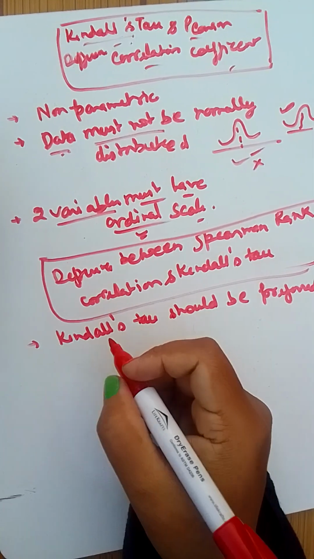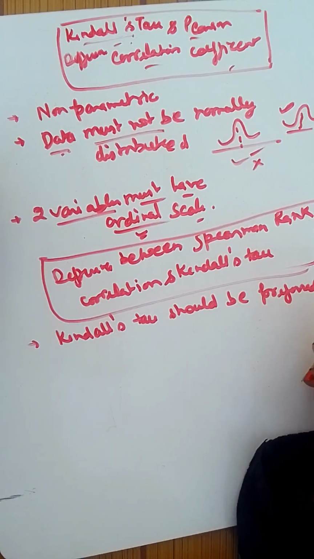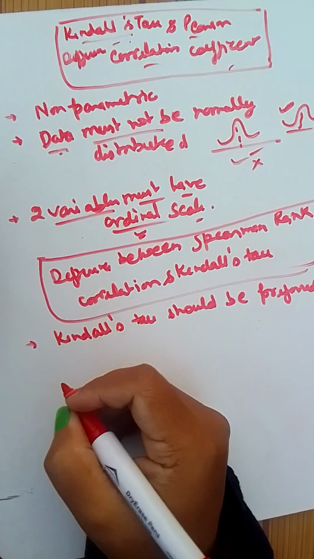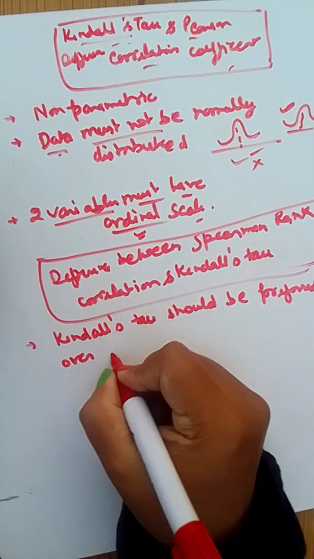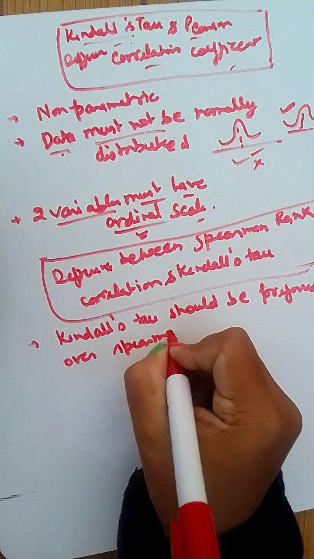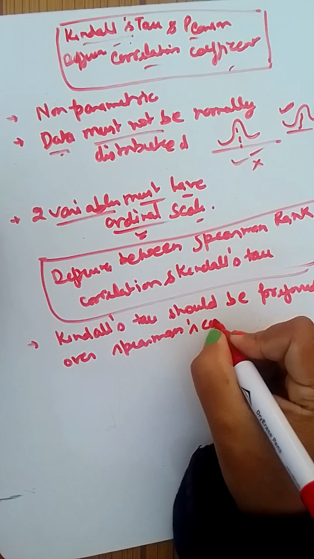Fine. First we will see where Kendall's tau should be preferred over Spearman's correlation.